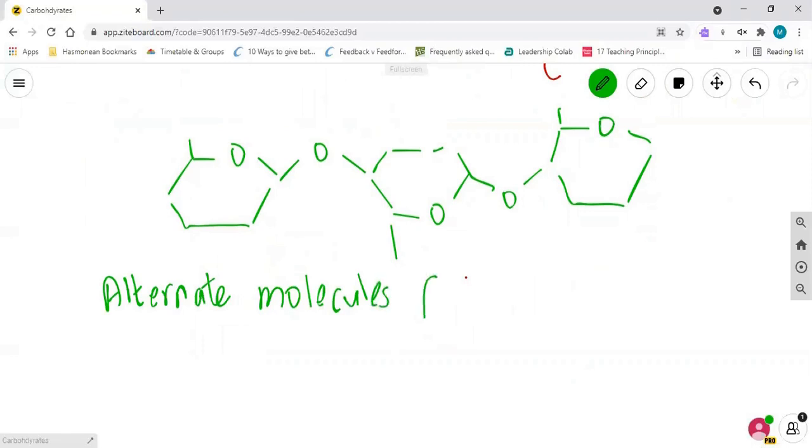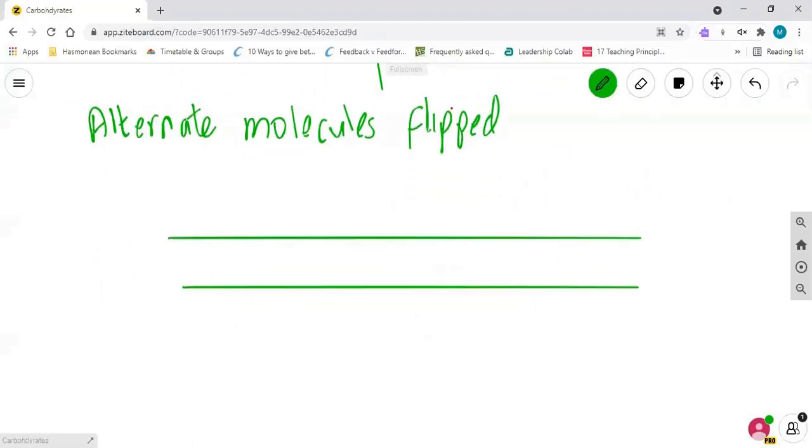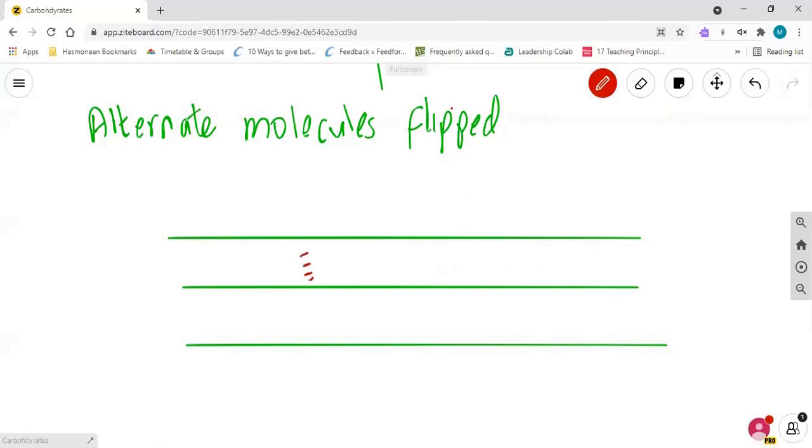So they form these really long chains. Now, if we draw these chains in, like this, just as long lines, which is what we tend to do, they all line up next to each other. And what next happens is you get hydrogen bonds. And hydrogen bonds are just an attraction between a slightly positive hydrogen, a delta positive hydrogen as we call it, and a slightly negative oxygen, a delta negative oxygen.